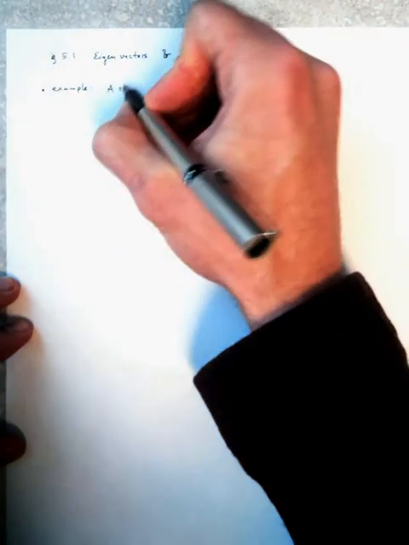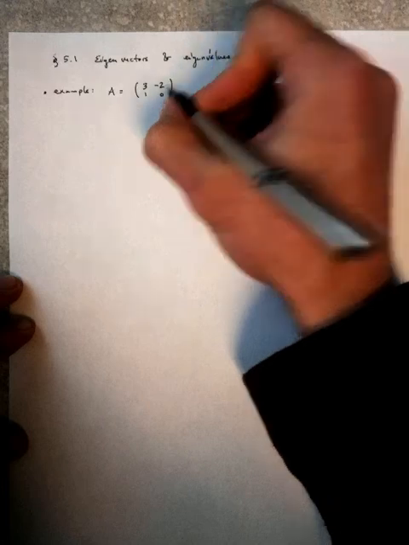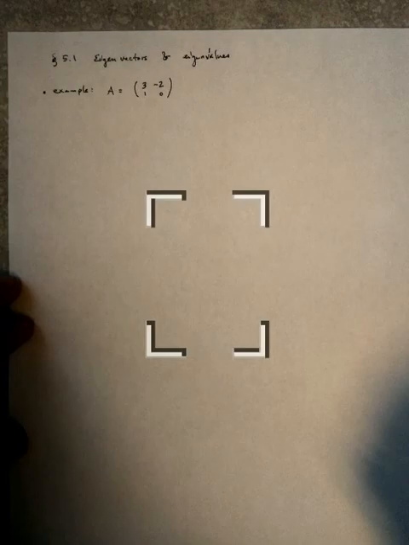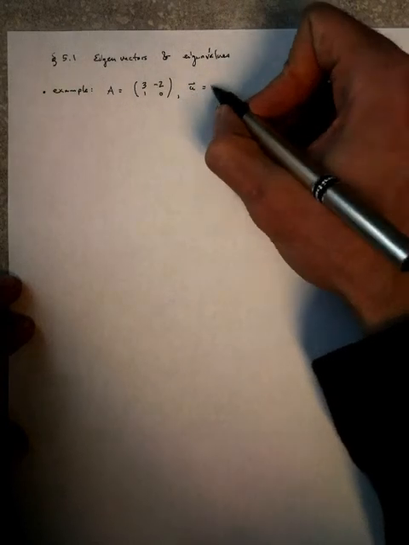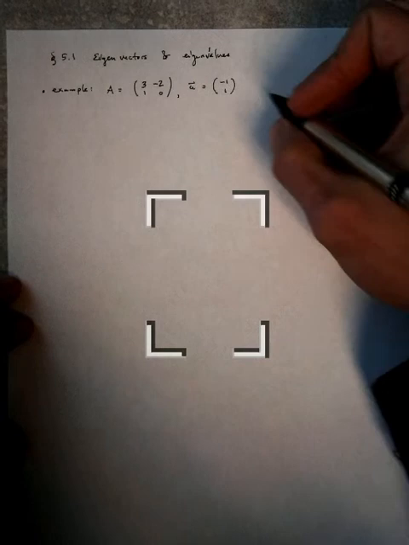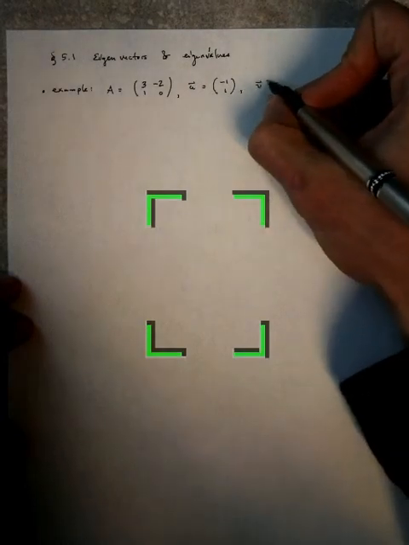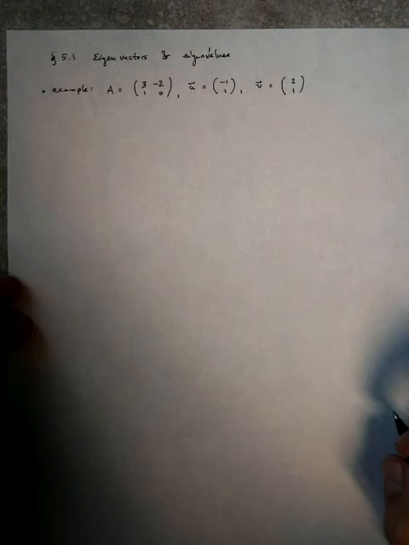Let's let A be this matrix 3, 1, negative 2, 0. Okay? And then I'm going to take U to be the vector negative 1, 1. And I'm going to have V be 2, 1. Okay.